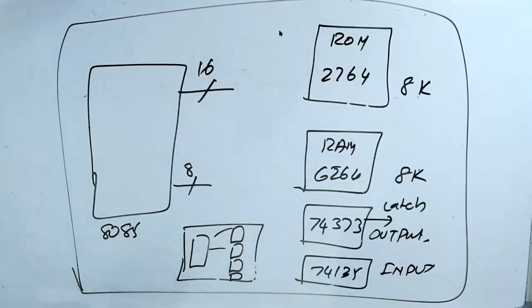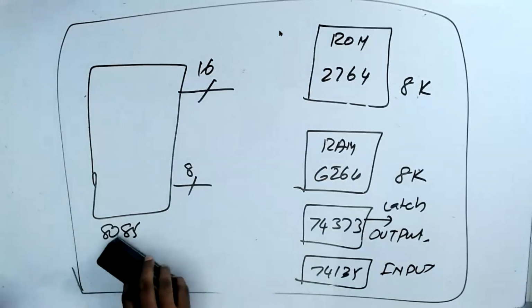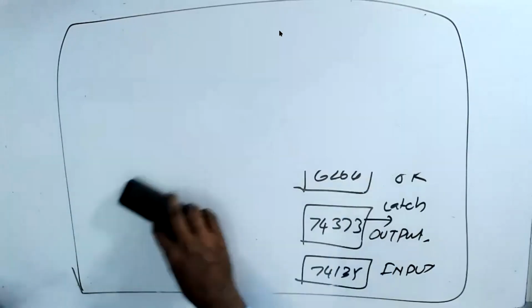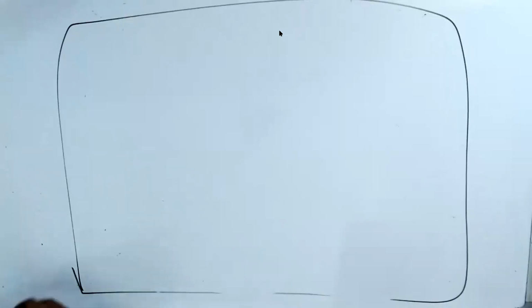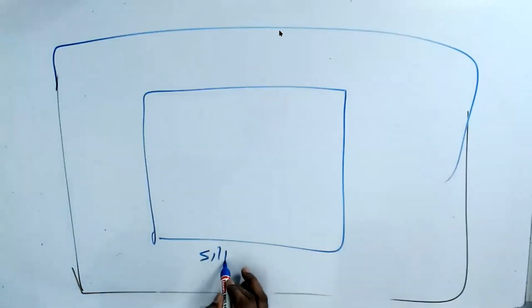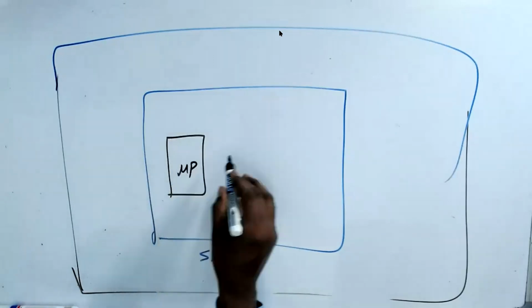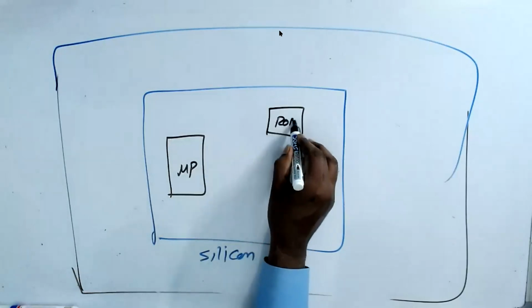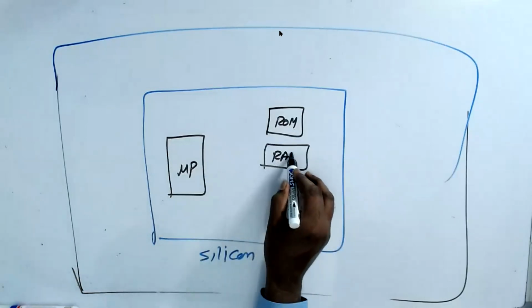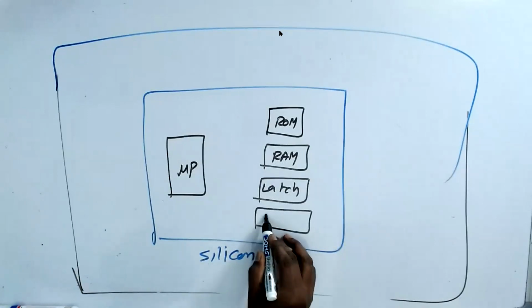Later, people did one beautiful thing. That's a trick. They did something very interesting. They put, inside a single silicon, the microprocessor, ROM, RAM, latch, and input buffer.